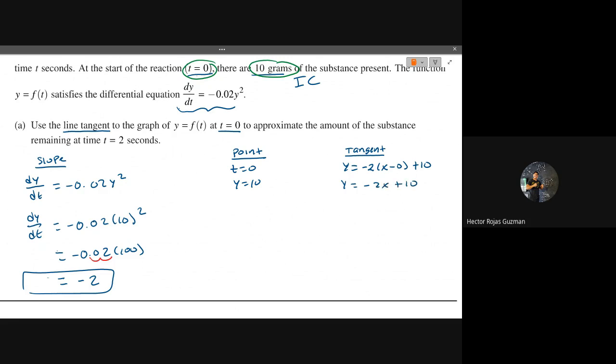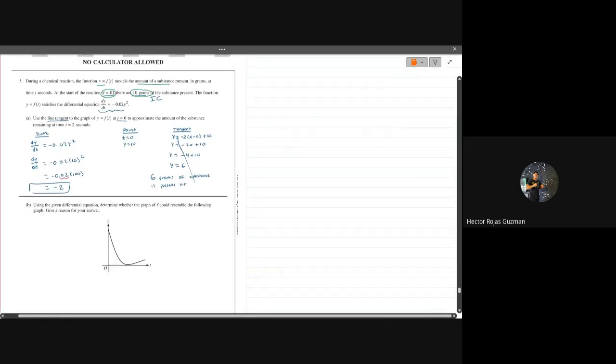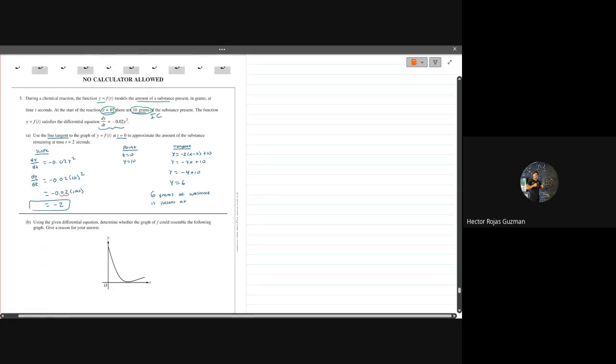And I'm supposed to use this to approximate how much substance there's going to be at t equal to 2. So that's going to be negative 4 plus 10, which is 6. 6 grams of the substance is present at, oh man, at t equal to 2.